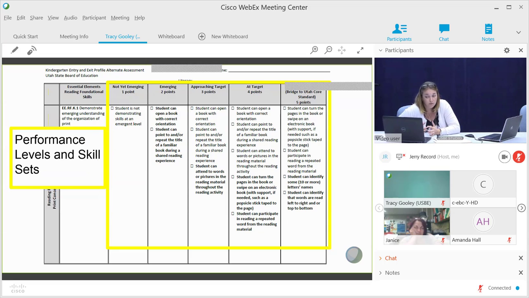So if you find that with your kiddos that they really are at that target or advanced, the alternate may not be the best assessment for them, even if they are a student with a significant cognitive disability. So if you look at our performance levels, if you'll notice, even at not yet emerging, which is a student who is not able to demonstrate any skills at an emergent level, they're still going to get 1 point. So you won't have a student that ends up at the end of this with 0 points.